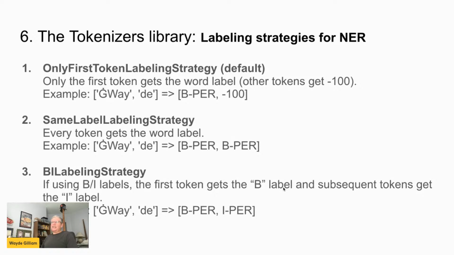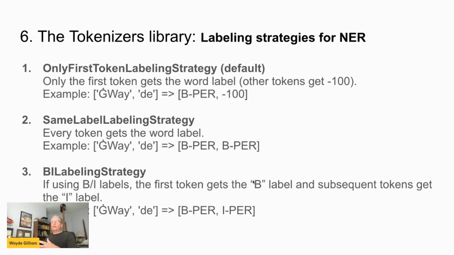If you're using that strategy, we apply that further to tokenization so that here, even though Wade, the whole word, would be labeled as B-per in the raw data set, we use B-per as the first token, and then we use I-per as the following token. So those are the labeling strategies that Blurr supports.